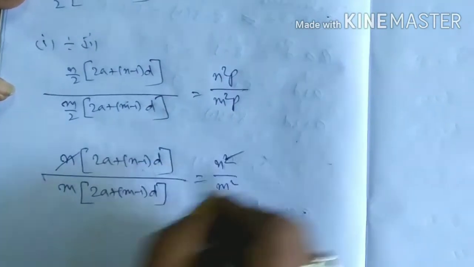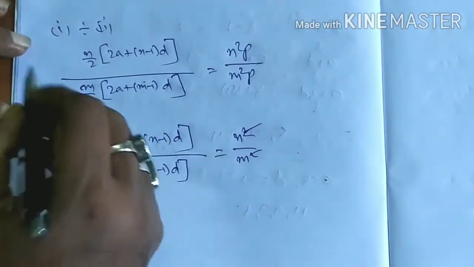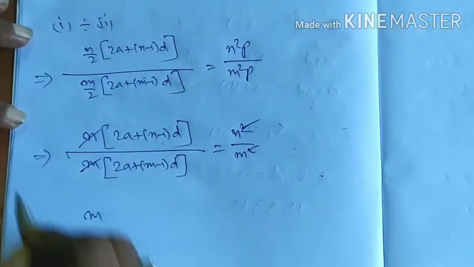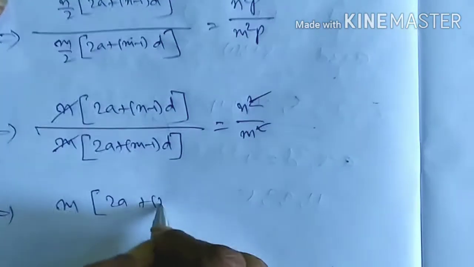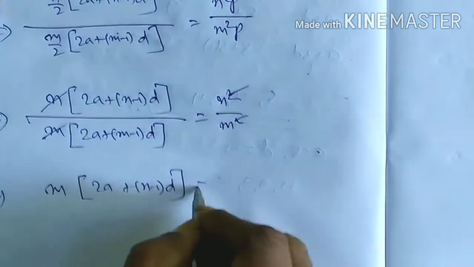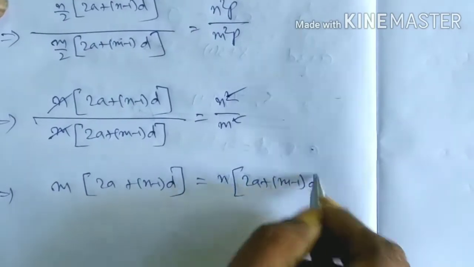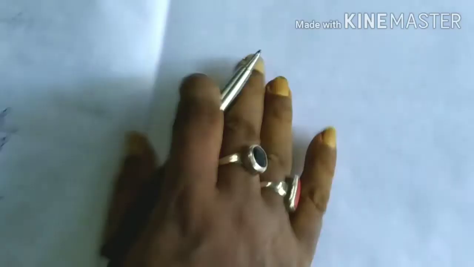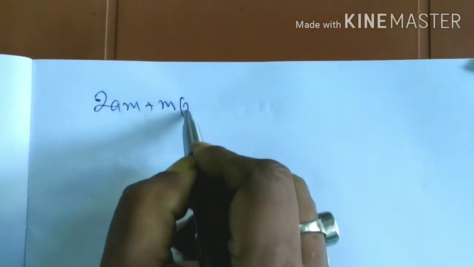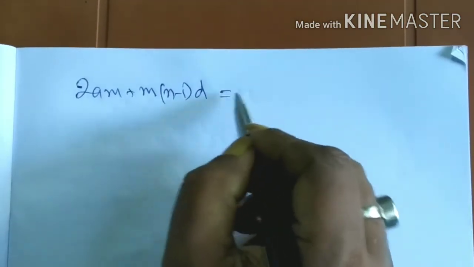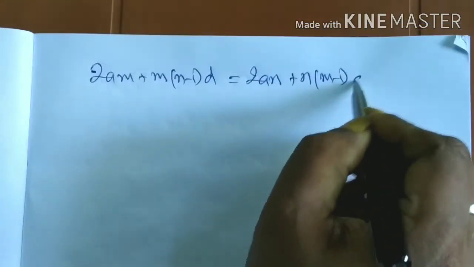Here 1 n and 1 n cancel out, 1 m and 1 m cancel out. Now cross multiplication. That is, m times 2a plus n minus 1 d is equal to n times 2a plus m minus 1 d. Now we will open the bracket: 2am plus m into n minus 1 d is equal to 2an plus n into m minus 1 d.